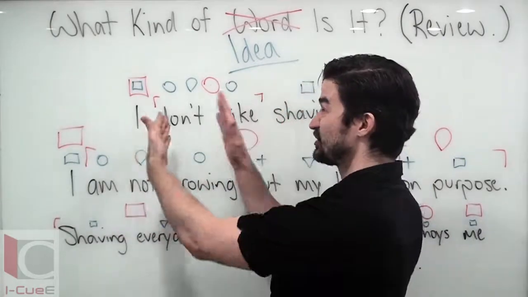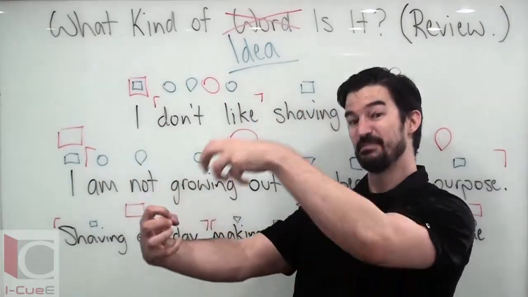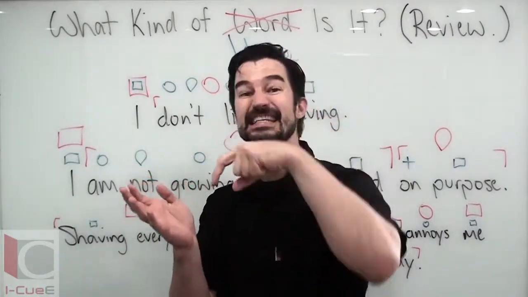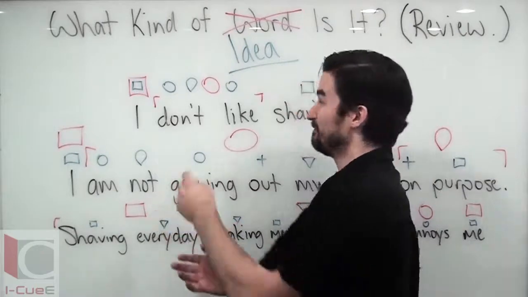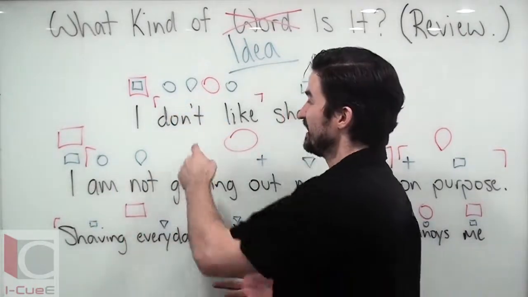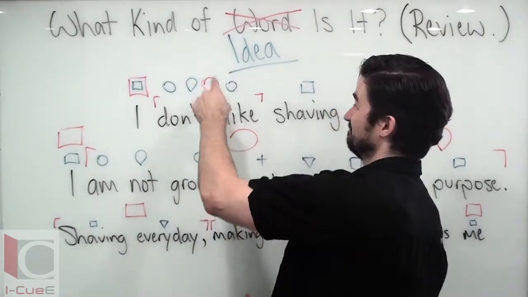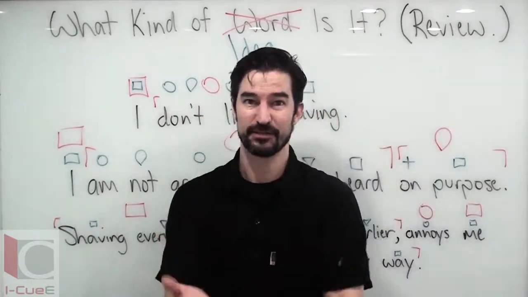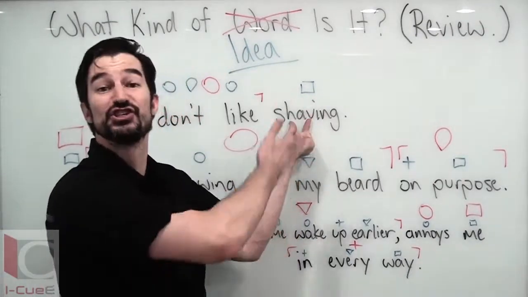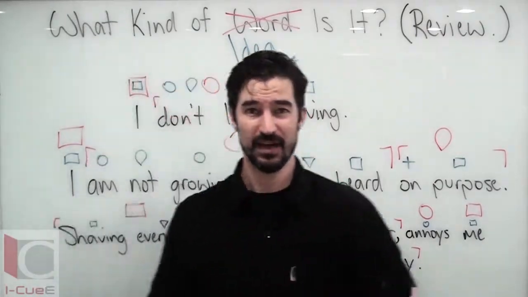Technically, within this contraction here, not can be separated out as describing or negating the do. Negations are generally adverbs or adjectives. And then like is another verb, and this is what I do not like. This is shaving, the gerund, the noun.